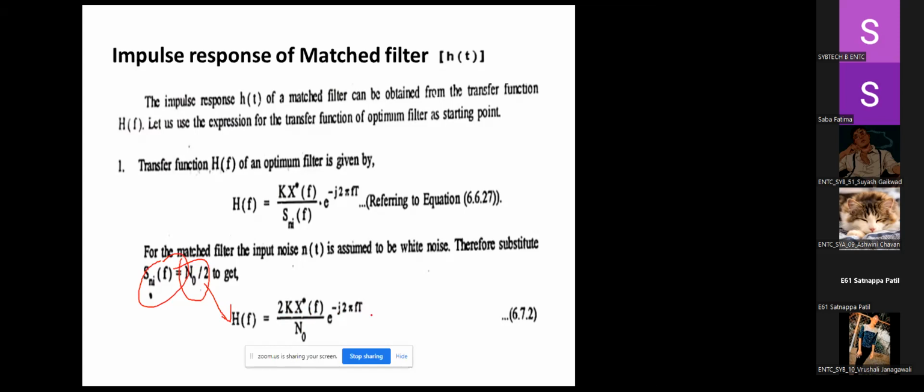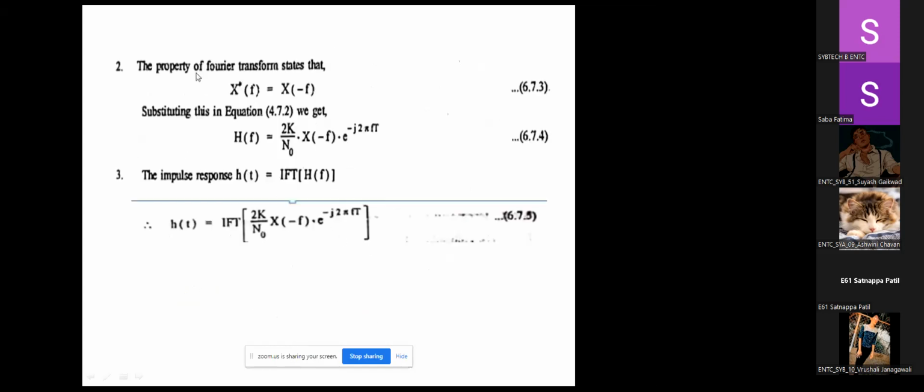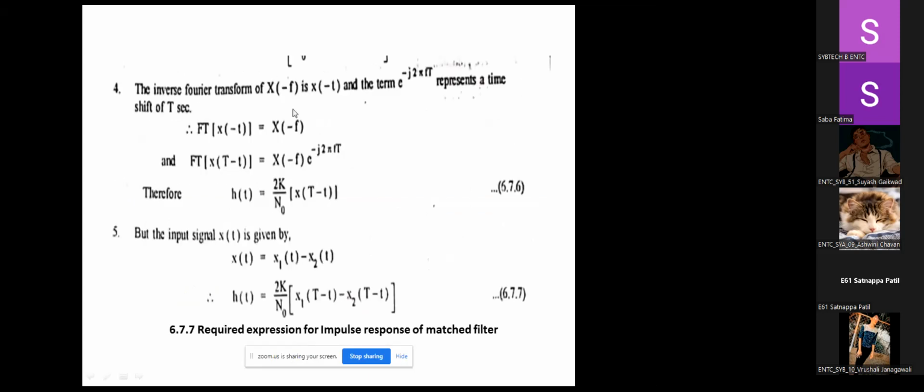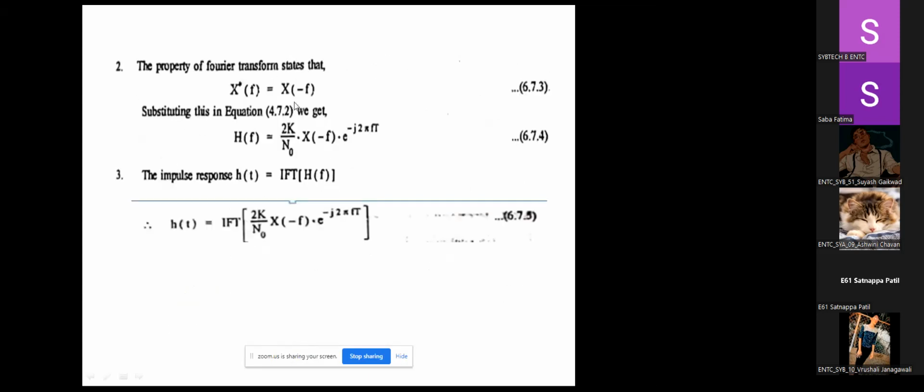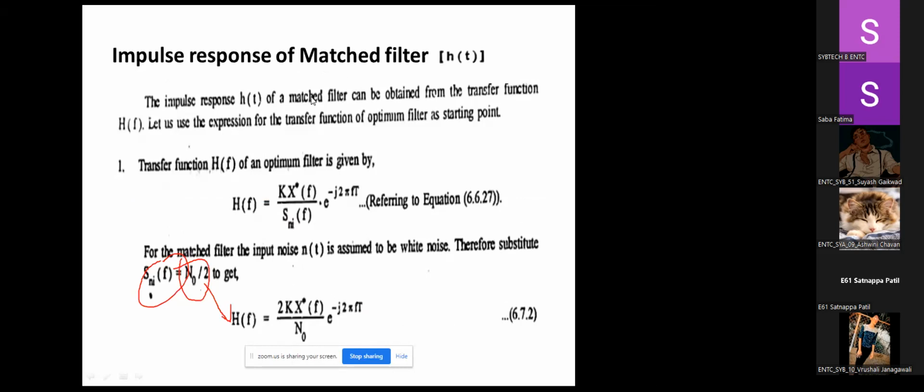Okay. Then next, what is the step? We see what the property of the Fourier transform is. From the property of the Fourier transform, X conjugate of f means what? It is the reverse of the frequency, right? So X conjugate can be written as X of minus f. The same you are going to introduce in equation 6.7.2, right?